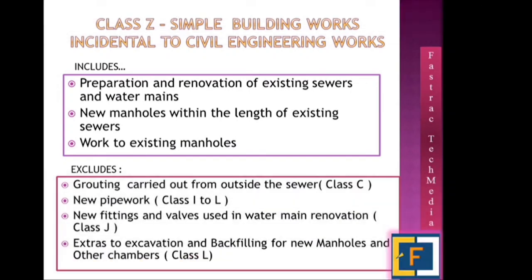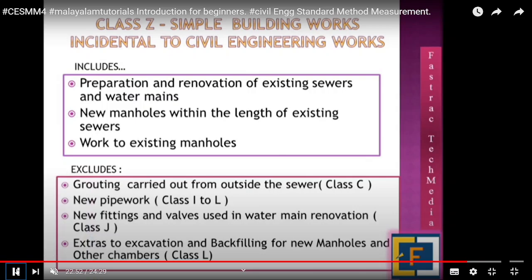Again, class Z is also mostly coming to building works, but it is also including works to manholes and sewers.